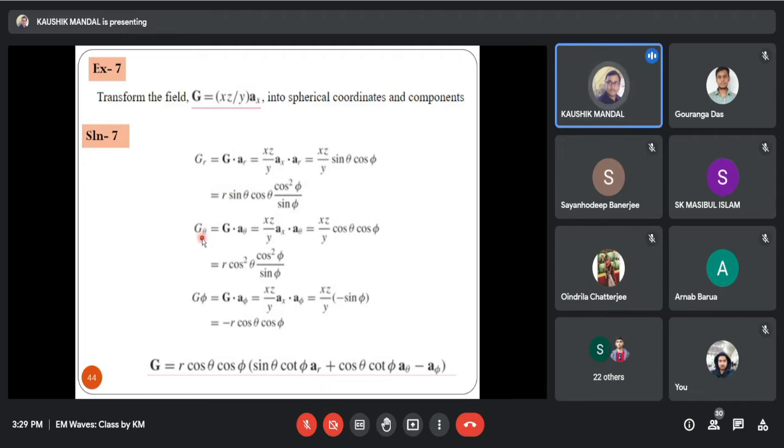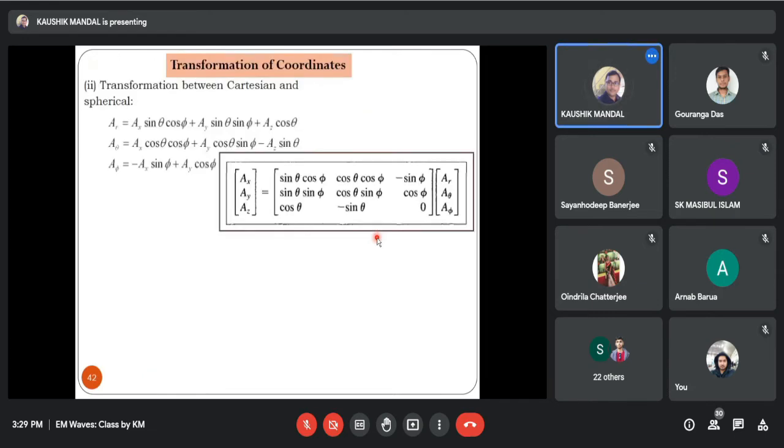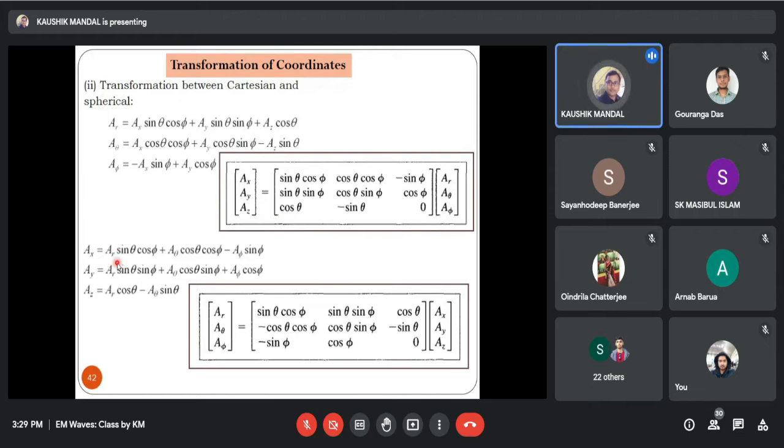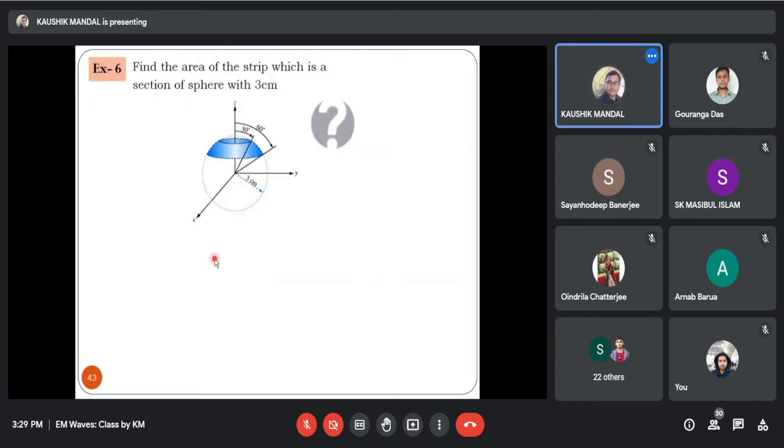Next, you have to find out g theta. So g theta equals g dot a theta. Once again, sorry, that will be ax dot a theta. So once again, in the equation of ax, if you take the dot product on both sides with a theta, ax dot a theta, all other terms will become 0, only it will be cos theta into cos phi.